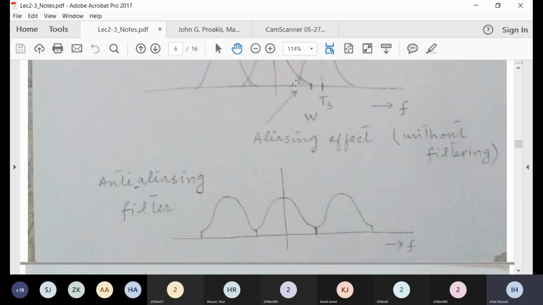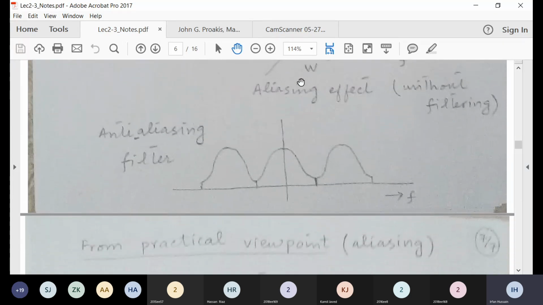In this way, you can see there will be no interference. Once I cut this, this spectrum will end here, this spectrum will also end here, and there will be no aliasing effect or interference from the replicated spectrum.